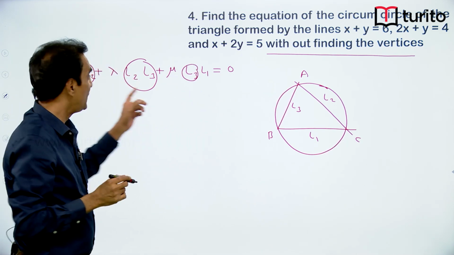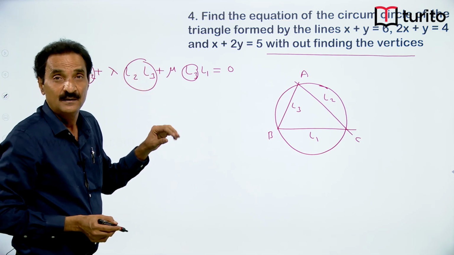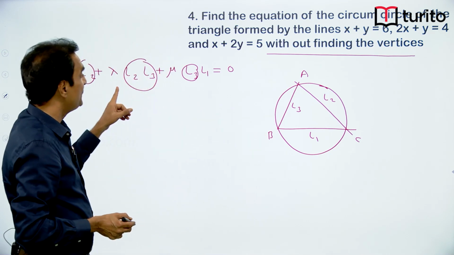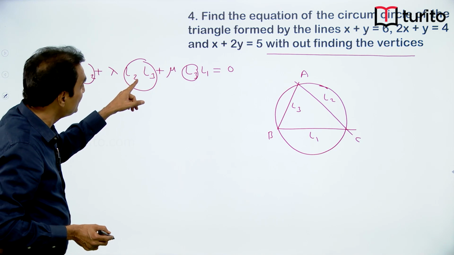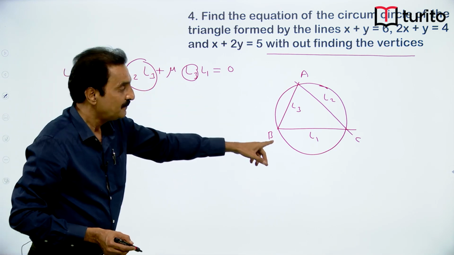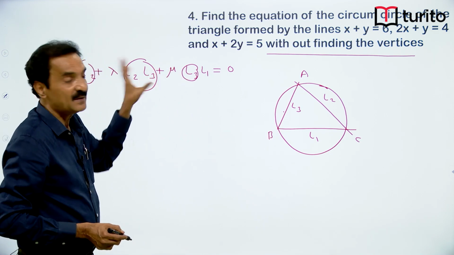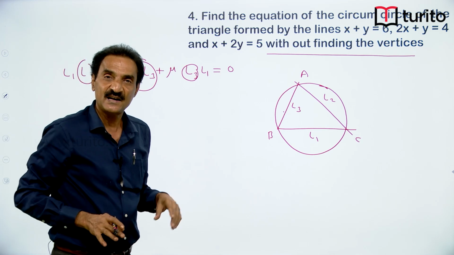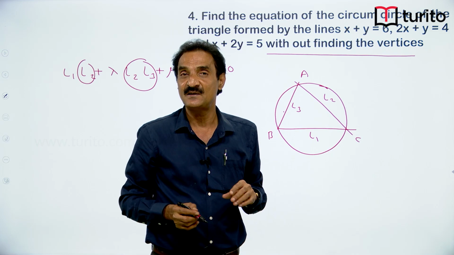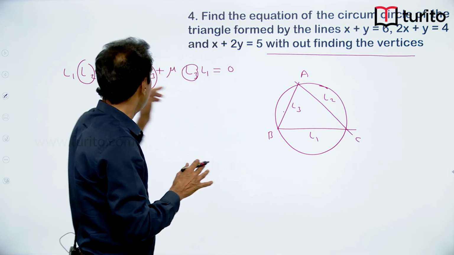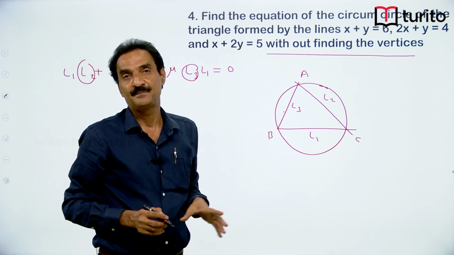So, when you substitute A, irrespective of values of lambda and mu, the equation is satisfied. Similarly, if you substitute B, because of L1 the first term is 0, because of L3 the second term is 0, and because of L1 and L3 the third term is 0. So, the equation is satisfied for any value of lambda and mu. Similarly, C also satisfies the equation, means it is a second degree curve that definitely passes through A, B, C.